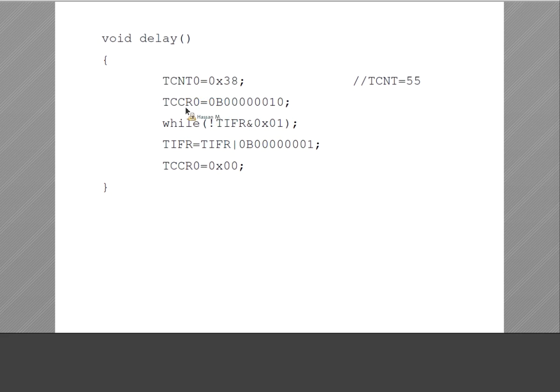The timer counter control register is set as 00000010. Here 0 and 0 means we are in normal mode. 010 for clock select means clock divided by 8.